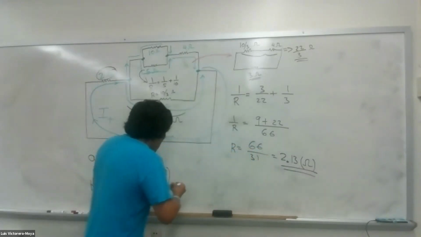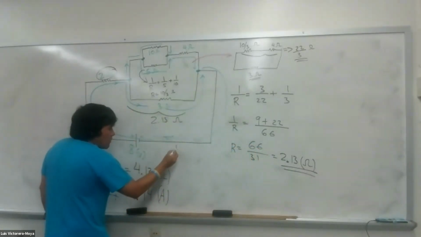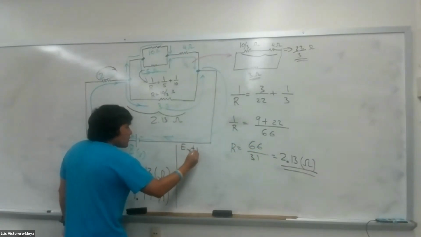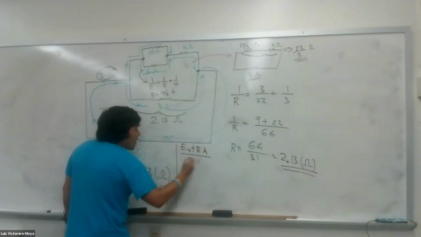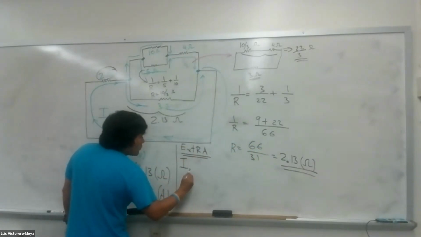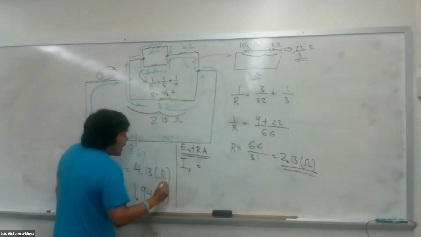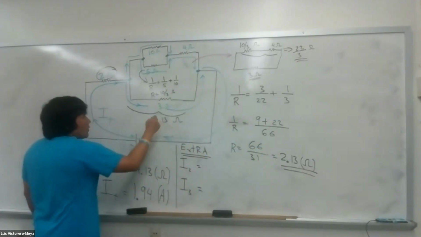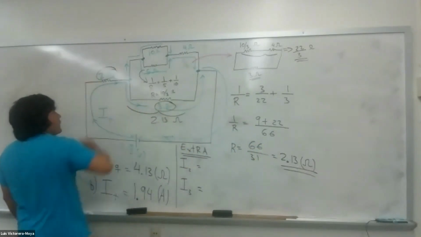So you can write it down. So as an extra, now we're going to split some of the currents. Let's find the current on 2 ohms, and then I want you to find the current on 3 ohms.